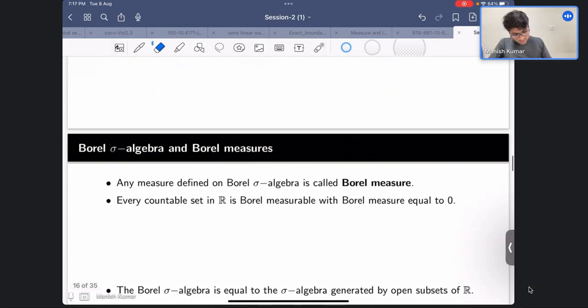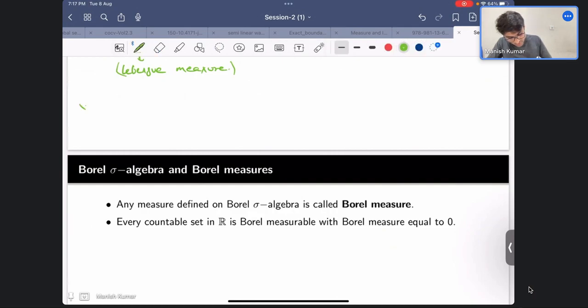So let me write it here itself. I will denote this by B of R, and this will be S of R, and the name is Borel sigma algebra. Any measure defined on B of R is called a Borel measure.